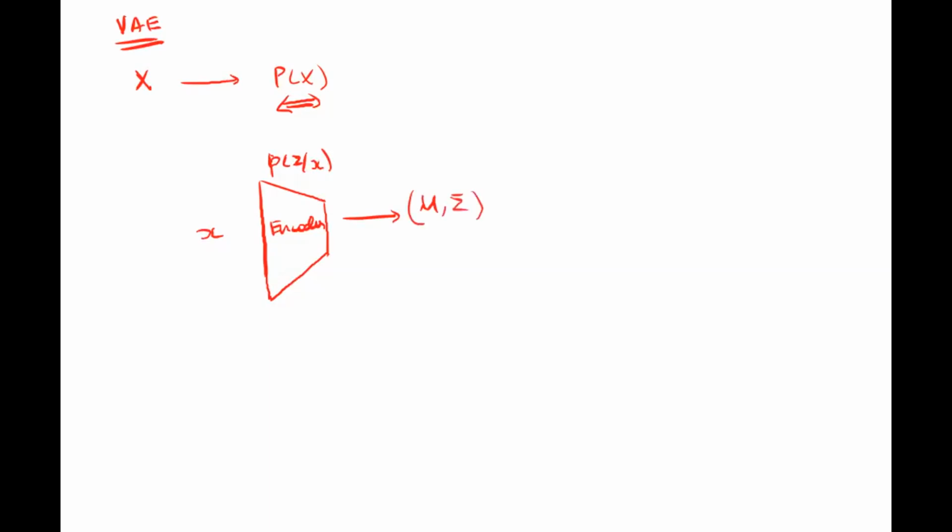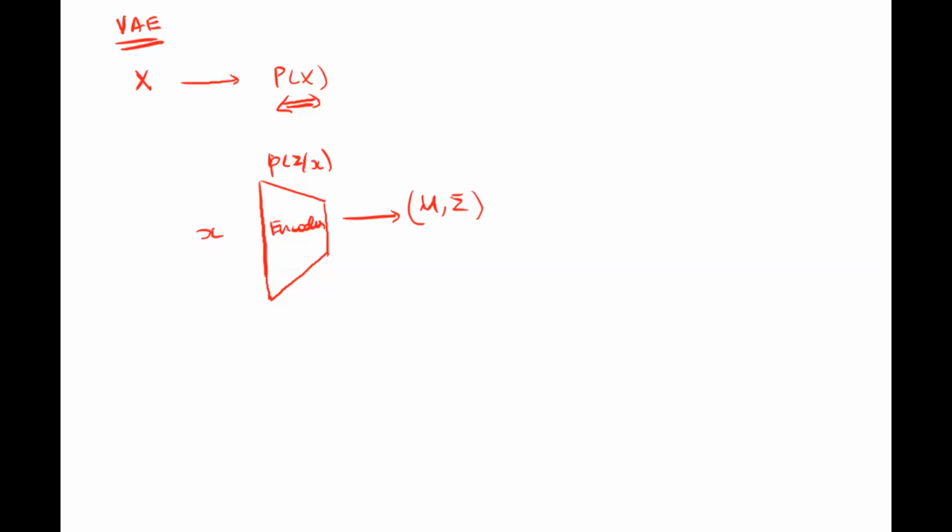And this latent vector space is something which we define ourselves, which we choose ourselves. In vanilla VAEs, we choose this latent distribution to be a Gaussian. The parameters that correspond to a Gaussian are the means and the covariance matrix. And we also assume that the Gaussian distribution is diagonal.